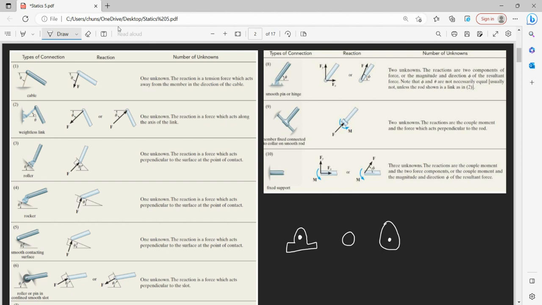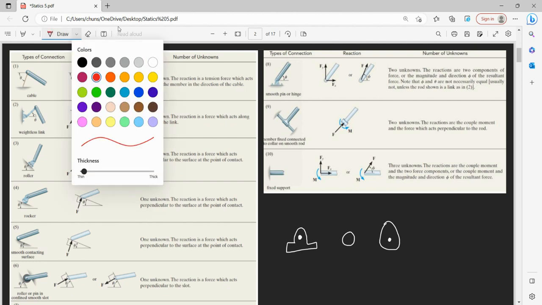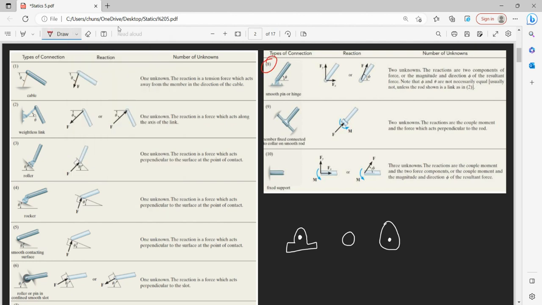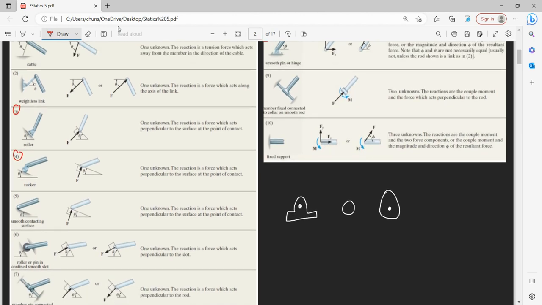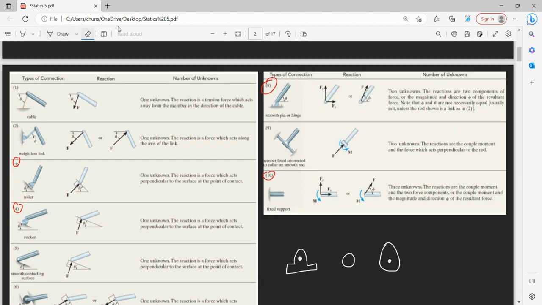Yeah, so this is smooth pin or hinge. So this is the one I was talking about here. So this one is seen quite often. I see rollers quite often, rockers, and fixed support. So these ones are probably going to appear the most, so you want to keep your eye on them.